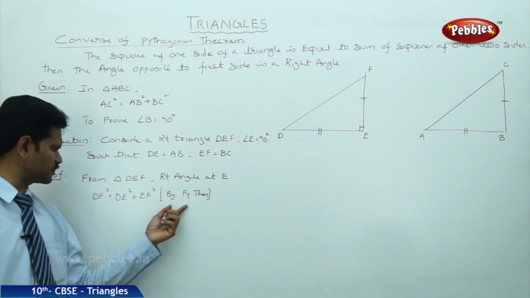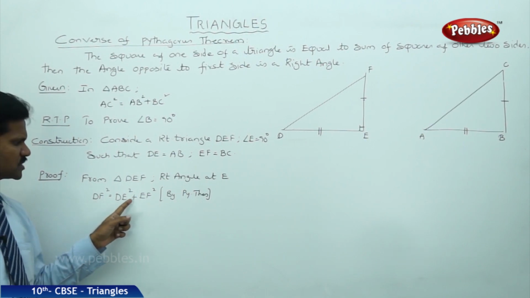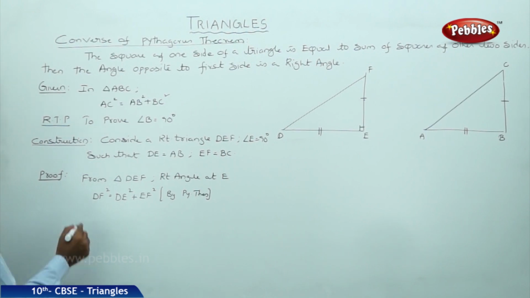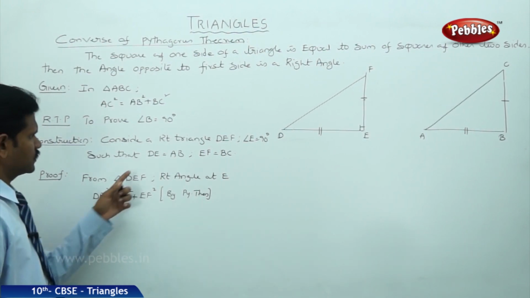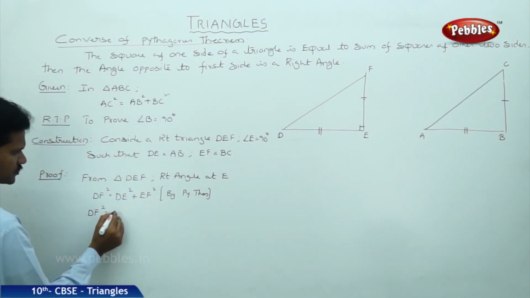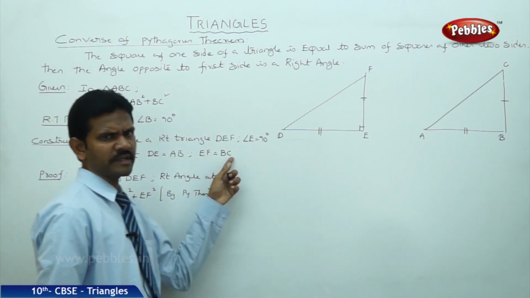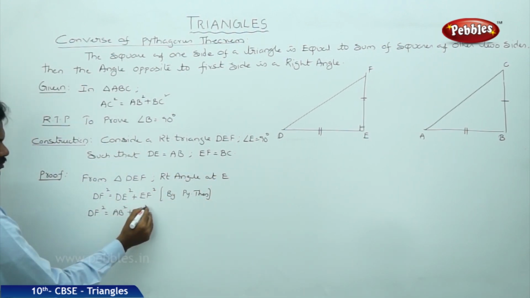In Pythagoras theorem, the square of the hypotenuse is equal to the sum of squares of the other two sides. Now DF square is equal to DE, nothing but AB square, EF nothing but BC square.